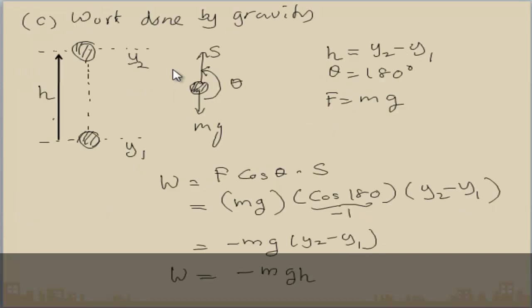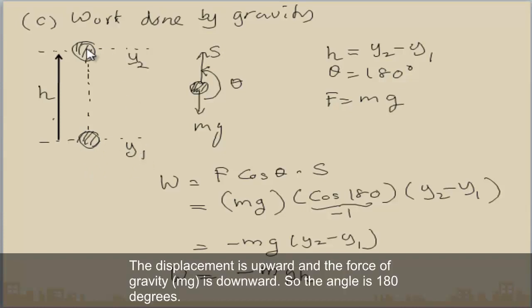The third example is work done by gravity. An object is initially at height y1 and its final height is y2. The displacement S is in the upward direction, and the weight mg points downward. So the angle theta is 180 degrees. The height change is basically y2 minus y1.